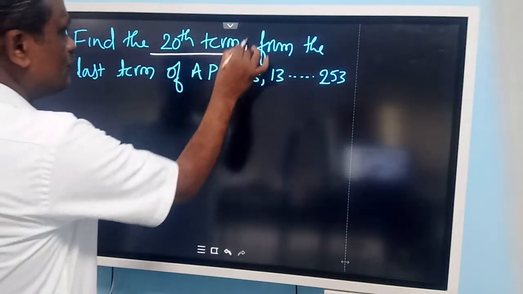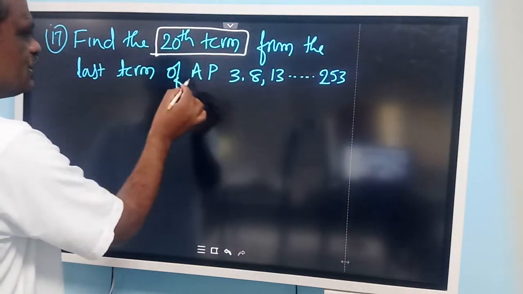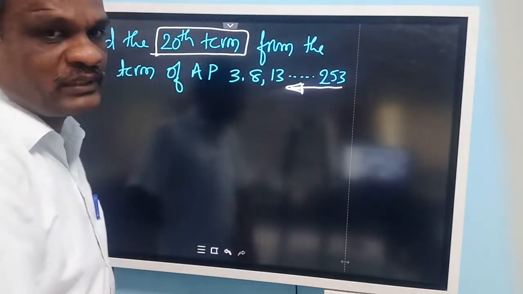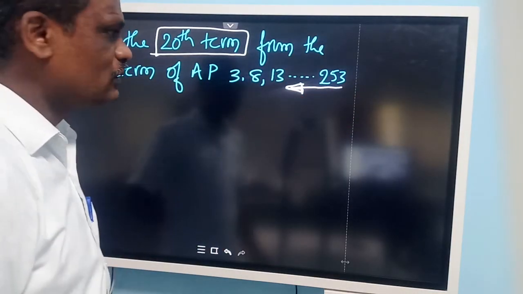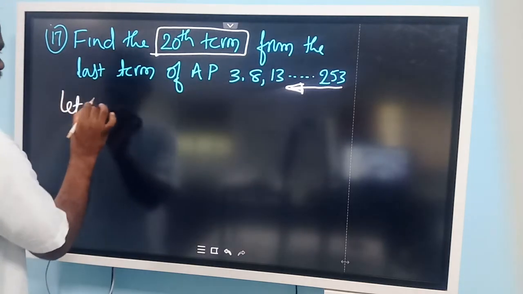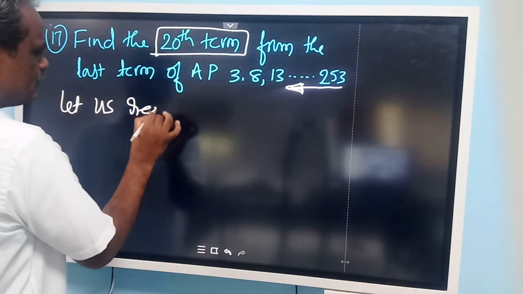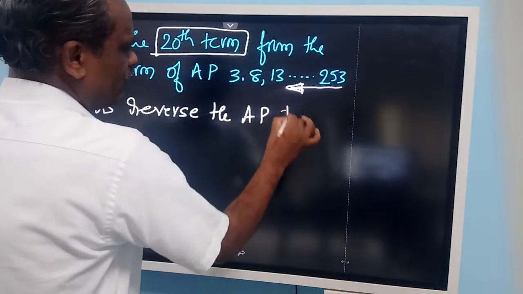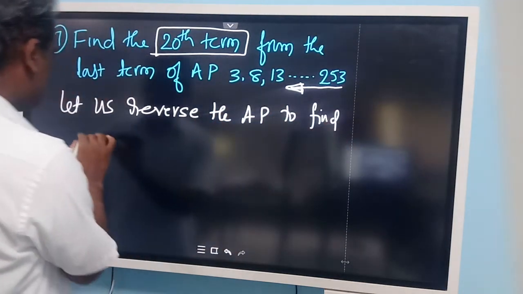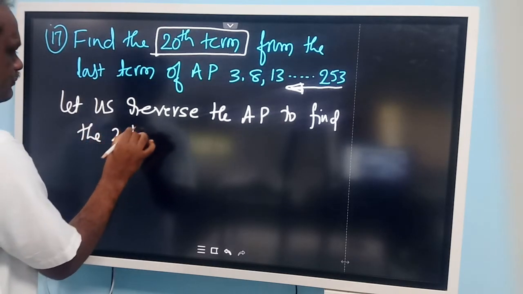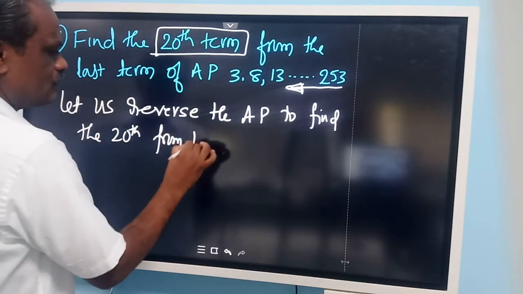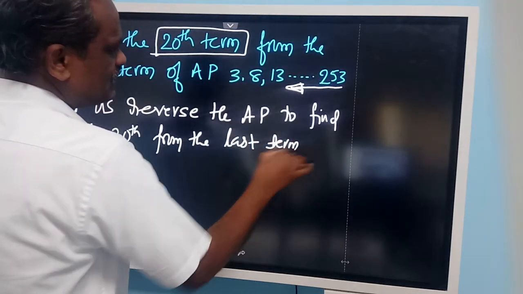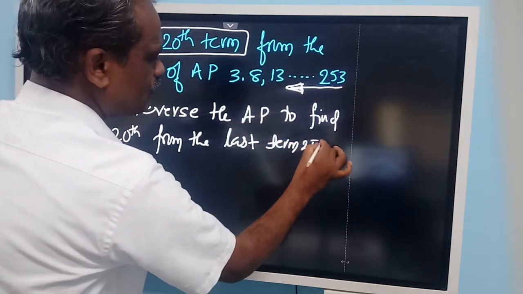Find the 20th term from the last term of the series, from this direction. You need to find the 20th from the end, not from the beginning. So let us reverse the AP to find the 20th term from the last term, that is 253.